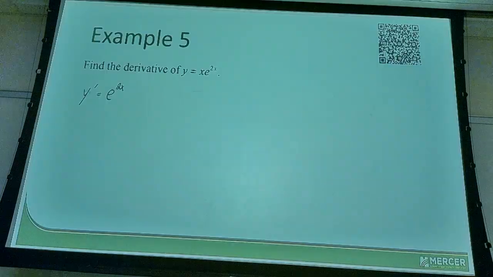It's 1, right? Now, the derivative of e to the 2x is e to the 2x times the derivative of 2x, which is 2e to the 2x. Right, that's e to the 2x times x plus 1.